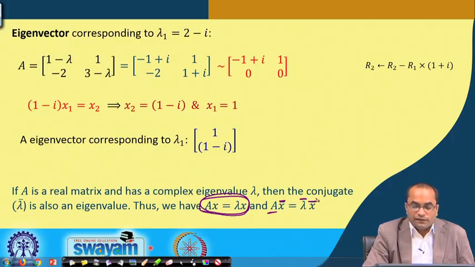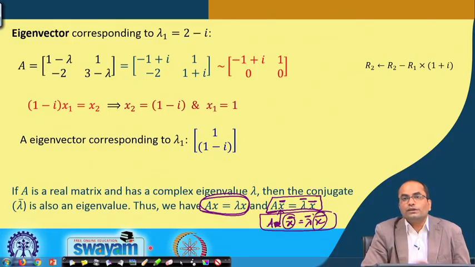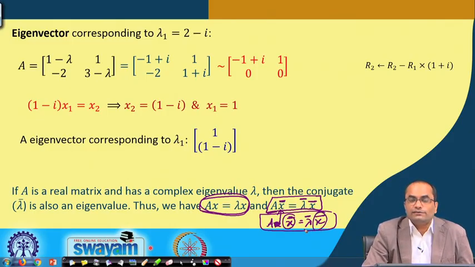So, again the eigenvalue-eigenvector equation is satisfied for x bar, the conjugate of x, and the right-hand side is just lambda bar, that is the eigenvalue now, times x bar. So, what this tells us is that x bar, the conjugate of x, will be the eigenvector corresponding to lambda bar.